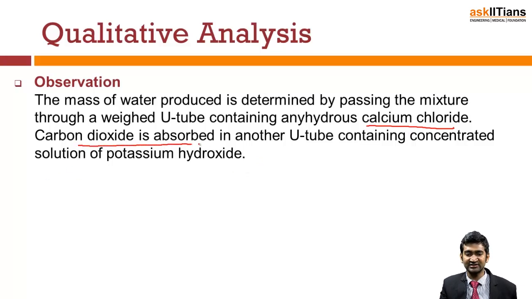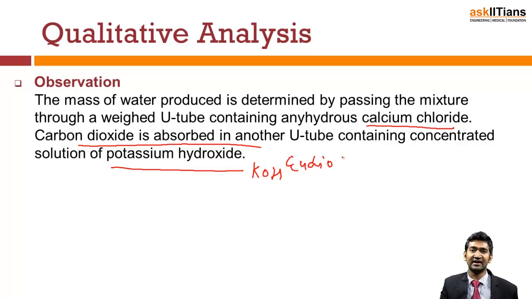Also, carbon dioxide is absorbed in another U tube containing KOH, so KOH is an absorber of carbon dioxide. The quantity absorbed you will get to know by eudiometry analysis, guys. You must have studied eudiometry, the gas analysis, in some basic concepts of chemistry.